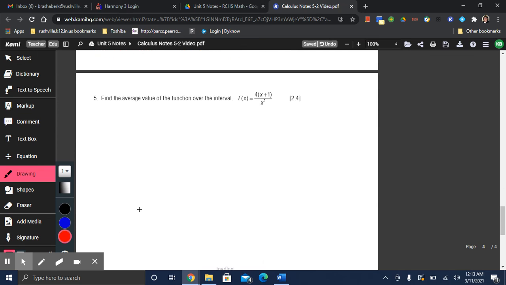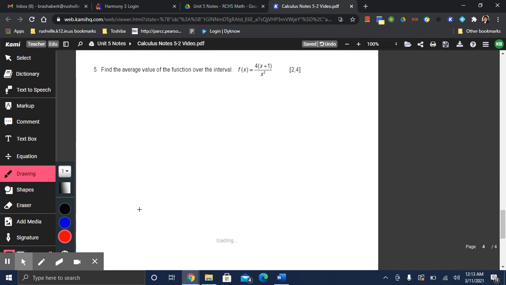And I have one last problem that I want to go over with you. I'm trying to hit the highlights of these last few units that we've been working with on integration. One of the other main ideas was about the average value of a function.